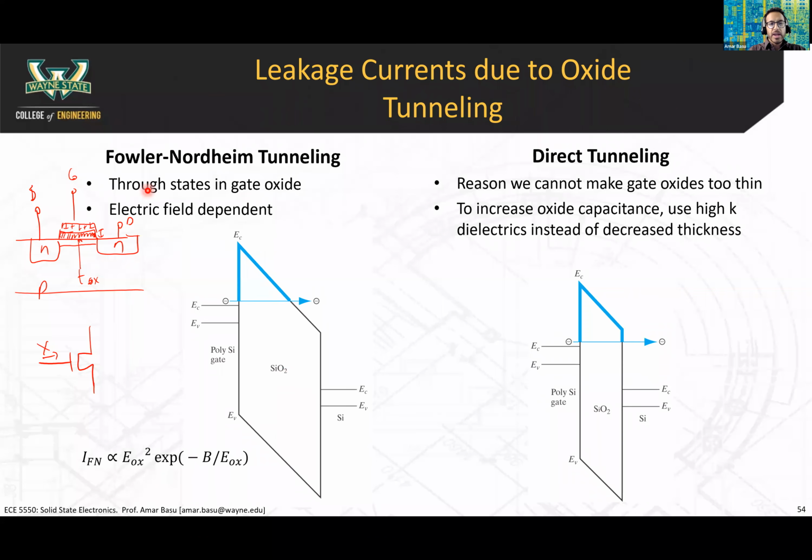Okay, this first mechanism is called Fowler-Nordheim tunneling. Okay, Melvin mentioned tunneling earlier today as a possibility between the source and the drain, but the more likelihood is that it happens between the gate and the substrate, because this gate oxide is super thin.